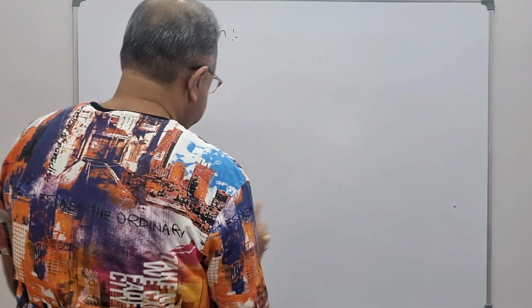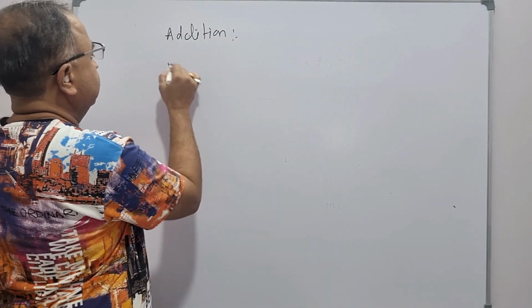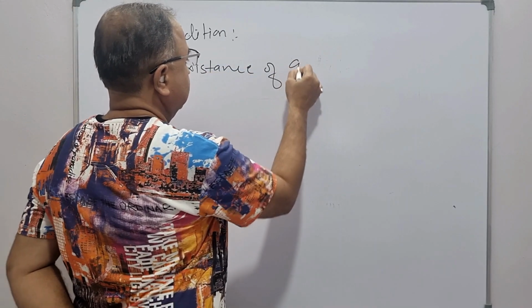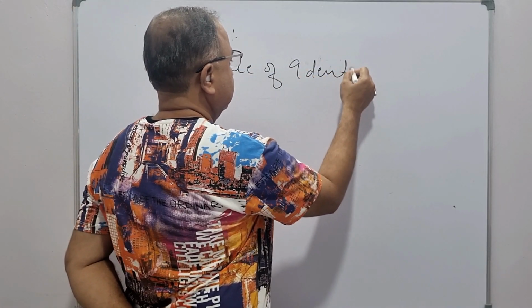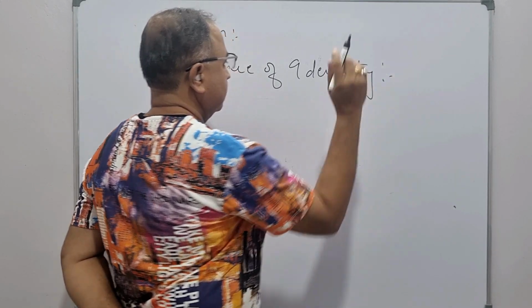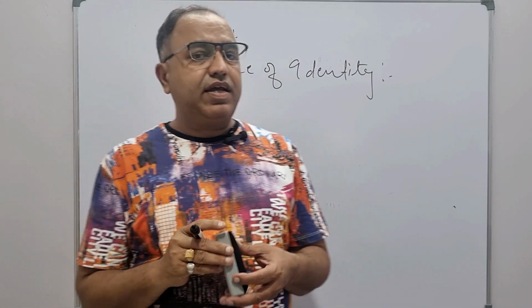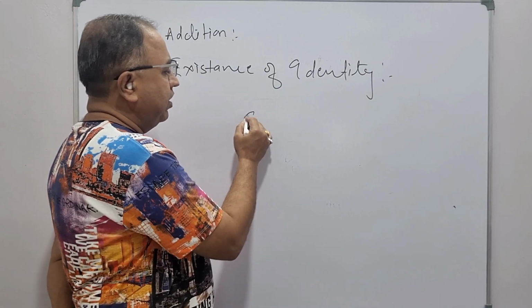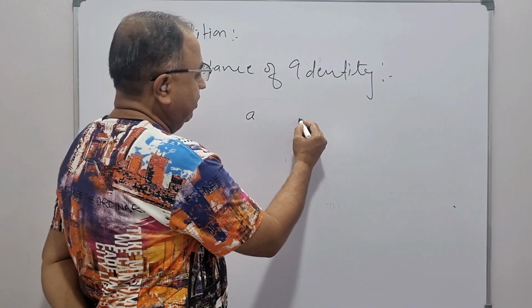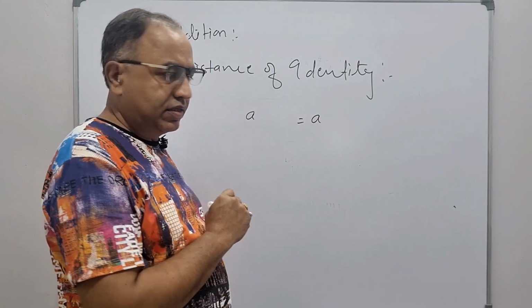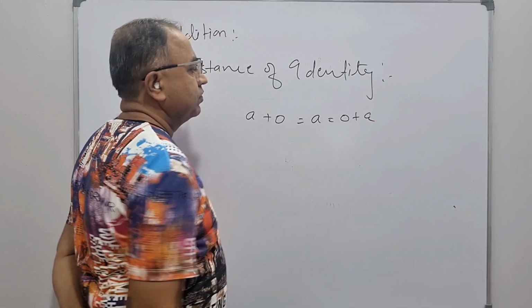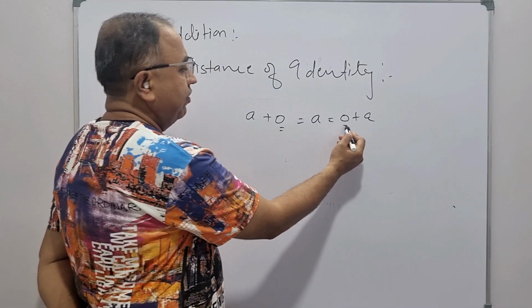Next comes existence of identity. Which number is the identity element? For every operation there is an identity. For example, if we talk about real numbers, if A is any real number, what should we add to A so that you always get A? So it's 0. 0 is called the identity for addition.